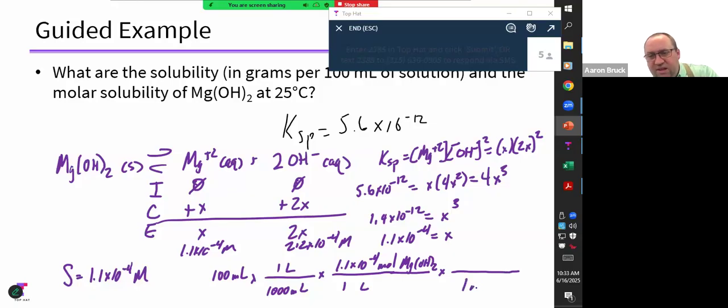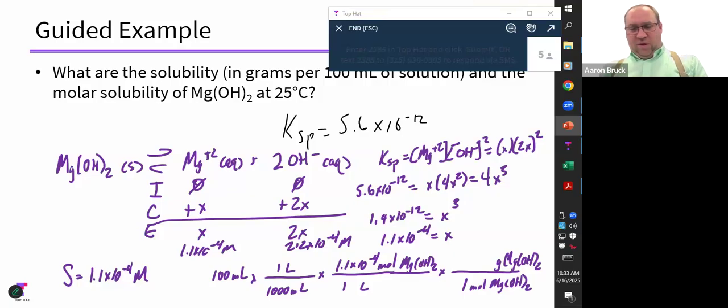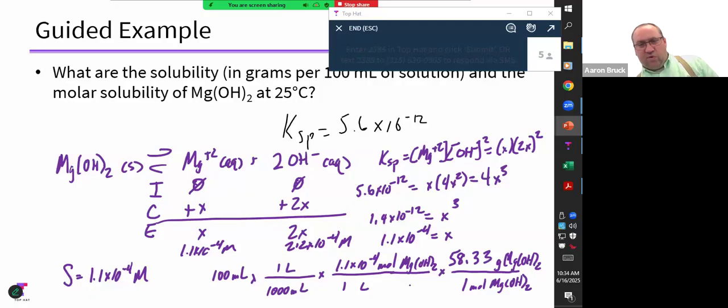And so the last step would be to turn the moles of magnesium hydroxide into grams. Magnesium, 24.31. Oxygen, 16, and there are 2 of them. Hydrogen 1.01, and there are two of them. 58.33 is the molar mass.